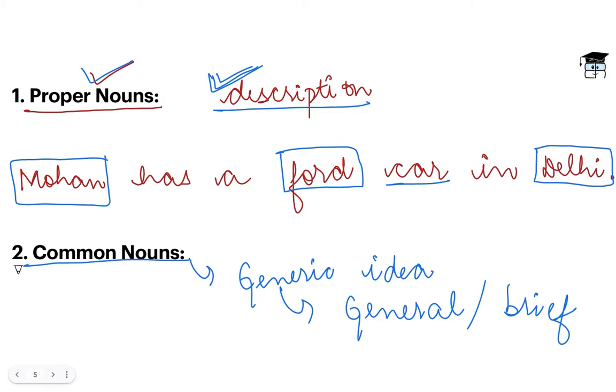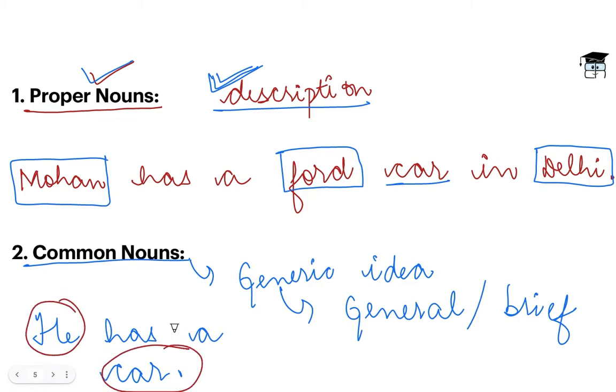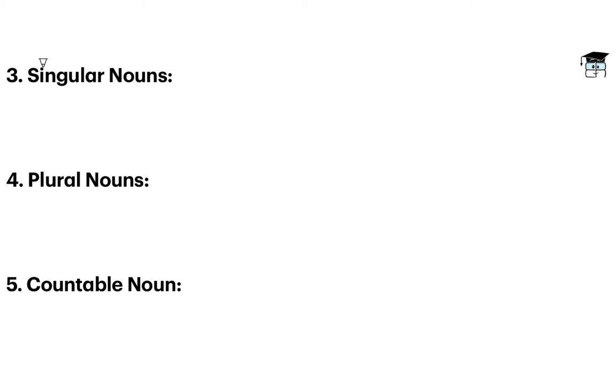For example, if I have to write, he has a car. Now in this sentence, he and car are not providing me any description. That means these are common nouns. Clear? Okay. Moving on to the next category is singular nouns.